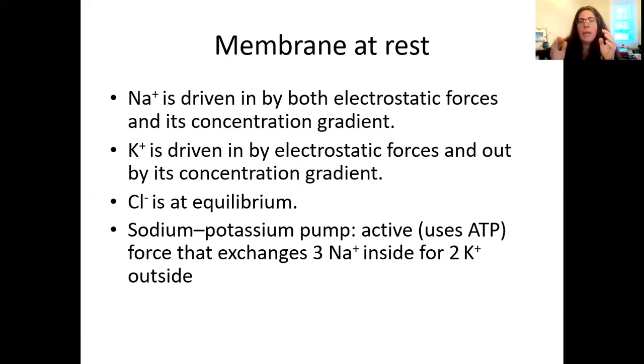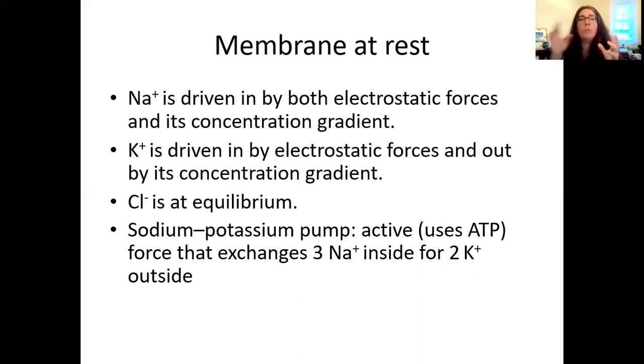And again, it can't move inside because that gate is closed. There's a few that get in, but not very many at all. And we have a sodium-potassium pump that is exchanging sodium ions for potassium ions. So this sodium-potassium pump, it's an active process.